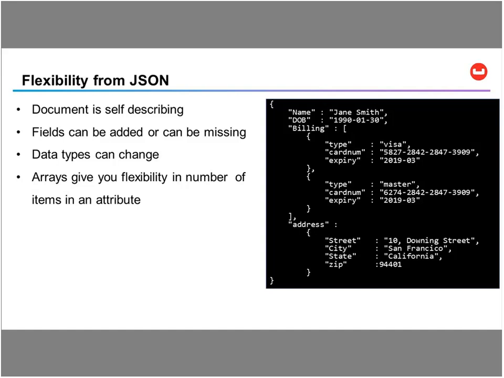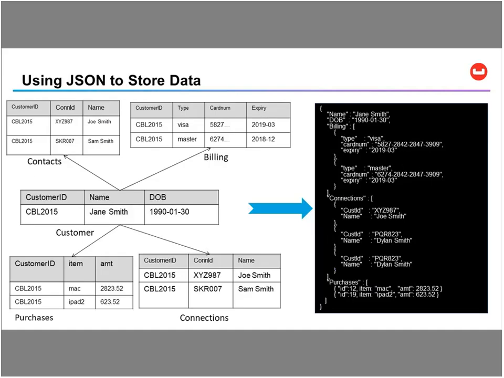You can evolve your documents on the fly, and that gives developers the flexibility to change their application as the business changes. So this slide is representing how the data would look in a relational versus non-relational fashion. On the left, you have different entities in a normalized fashion. On the right, you have a JSON structure.